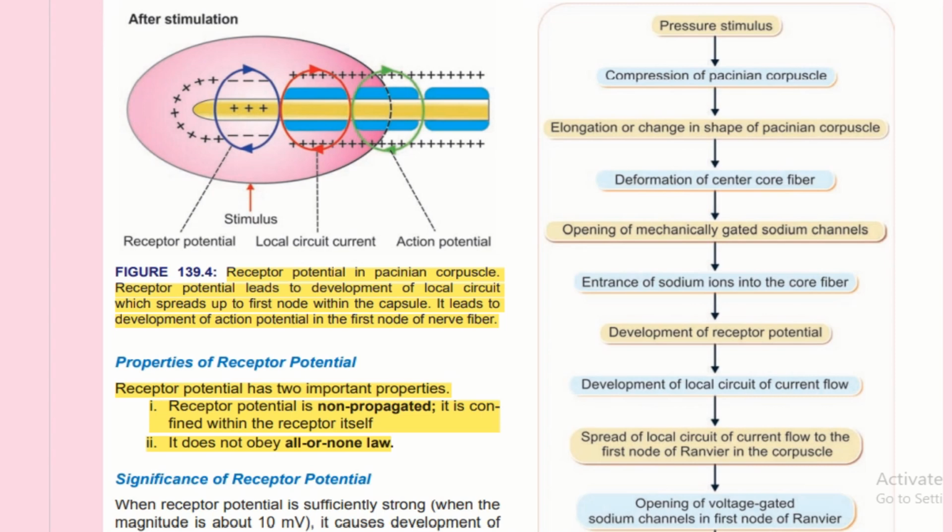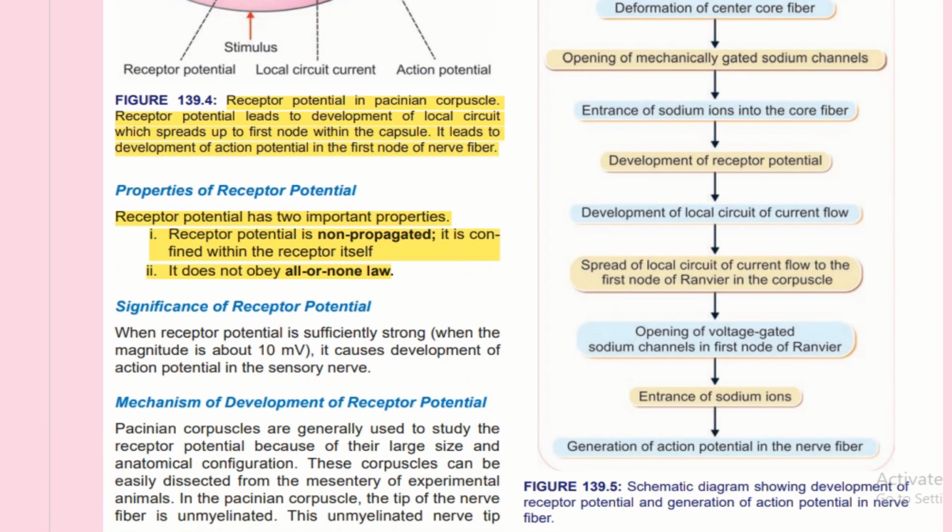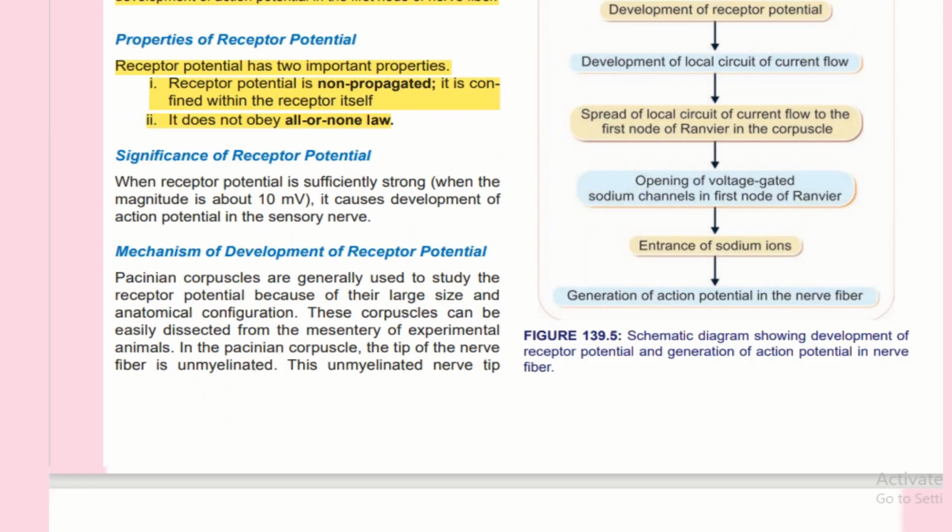Then we have a deformation of the center core fiber, followed by the opening of mechanically gated sodium channels, entrance of sodium ion into the core fiber, then development of receptor potential, development of local circuit of current flow, spread of the local circuit of current flow to the first node of Ranvier in the capsules. Then we have opening of the voltage gated sodium channels in the first node of Ranvier. Sodium ion will enter and the generation of action potential in the nerve fiber will take place.